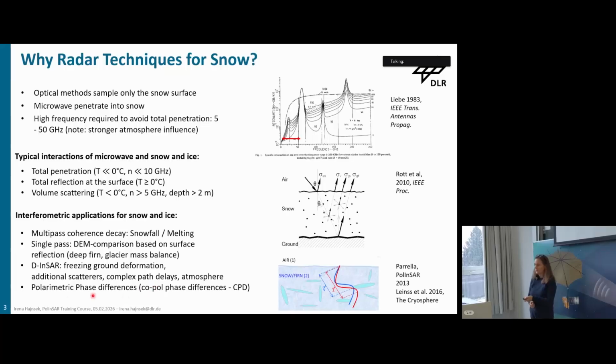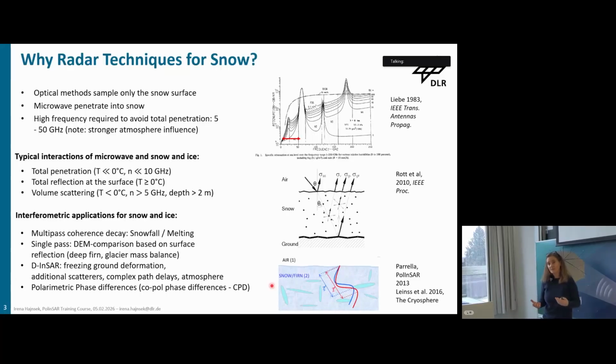Probably just to say, the copol phase difference is based on the assumption that the different polarizations are penetrating or propagating differently into the medium, snow, because they are reacting differently with the crystals in the snowpack. And this is a little bit seen here.